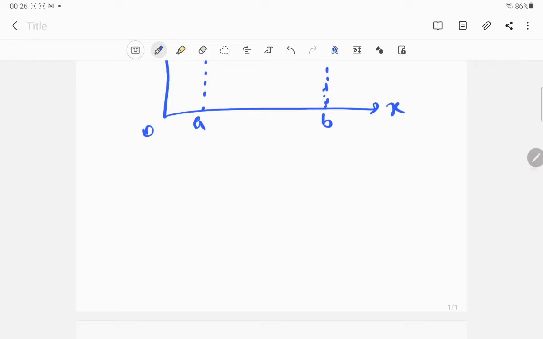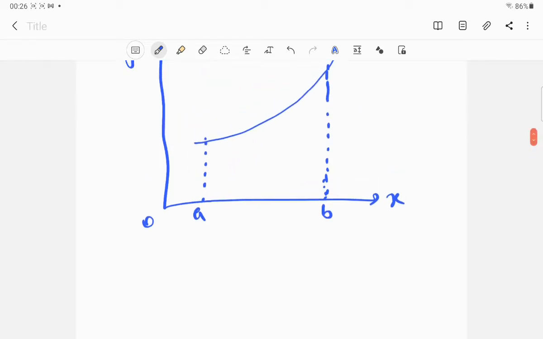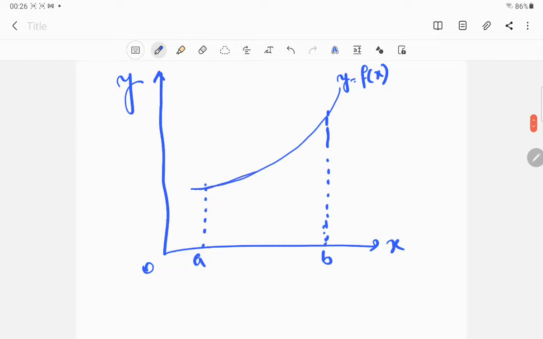Now you know that this is a curve, and instead of considering the curve, we can approximate it by a straight line by connecting these 2 points.